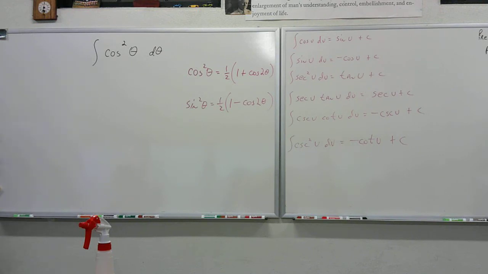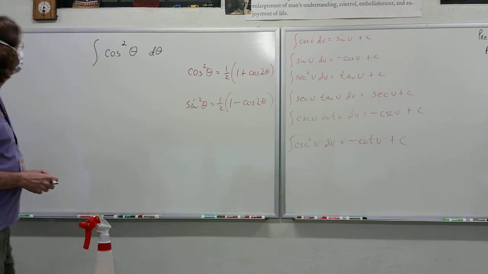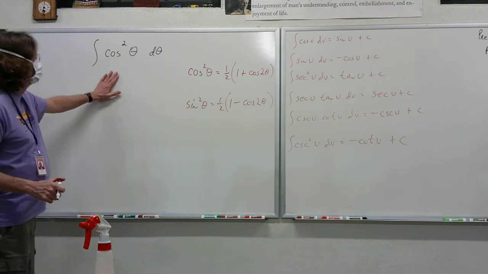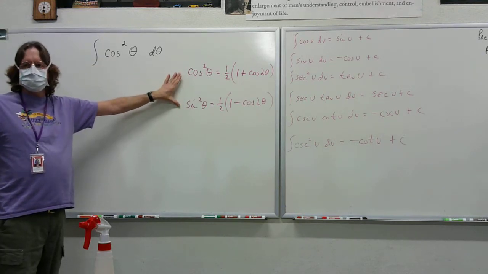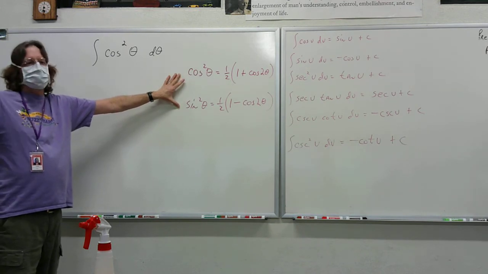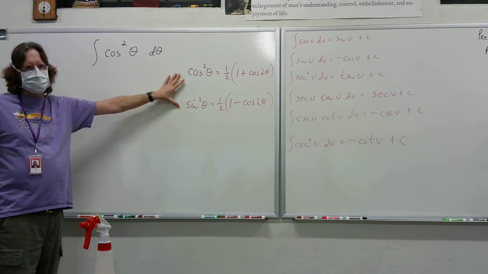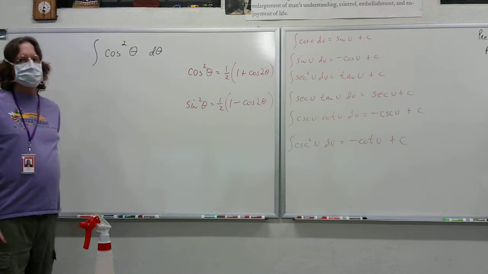And that's when you need them, right here. Write those down, put stars by them, because you're going to need those for cosine squared and sine squared. I just told you the rule for tangent squared, but you don't do it very often. For cosine squared and sine squared, you got to have that rule right there.